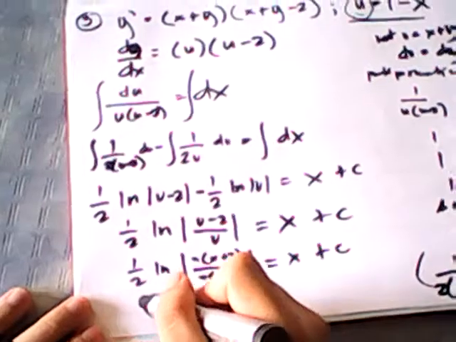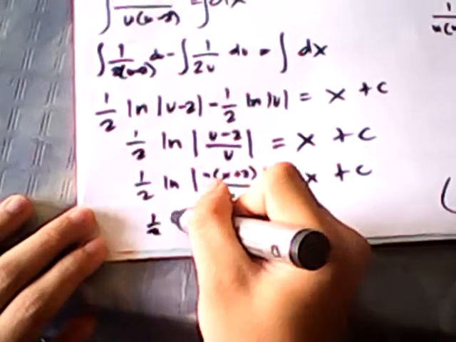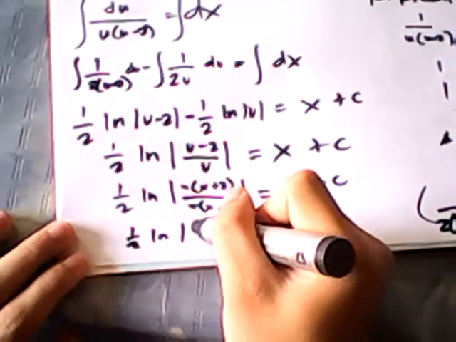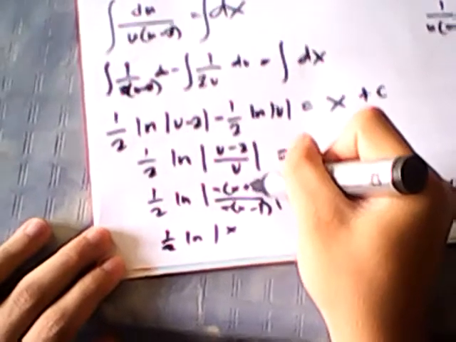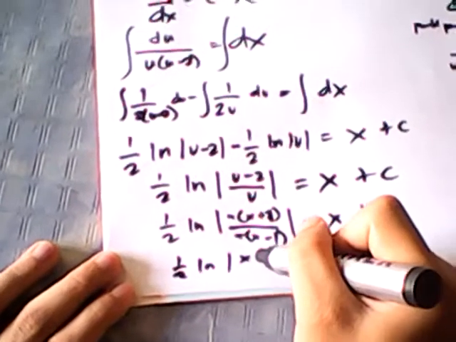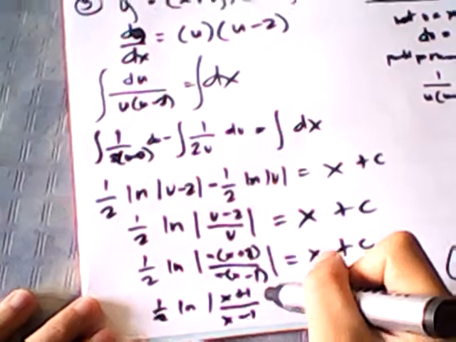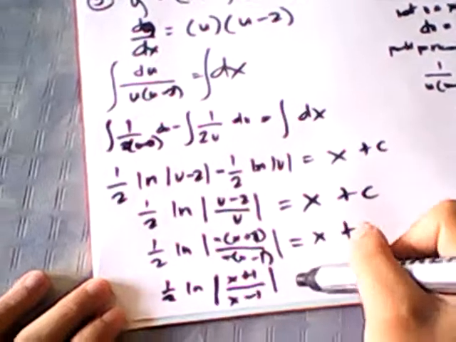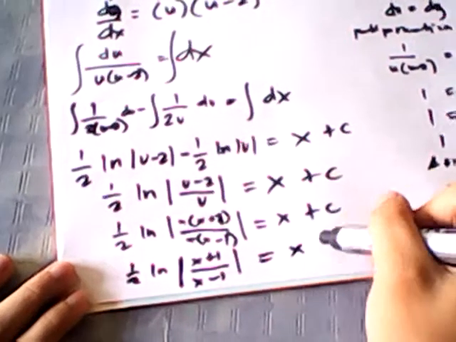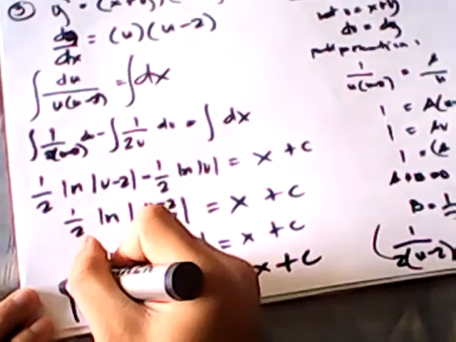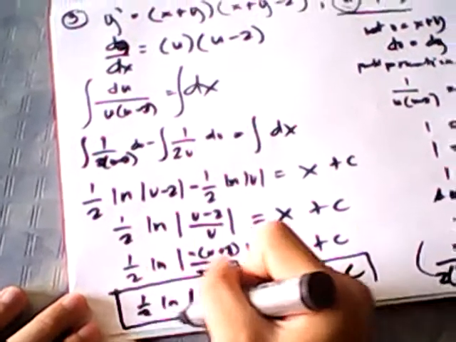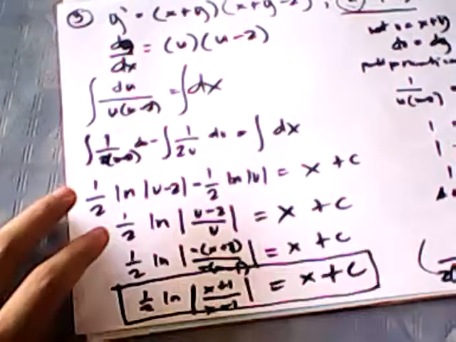Cancel the negatives and you can get ln of x plus 1 over x minus 1 is equal to x plus c. Now we get the general equation.